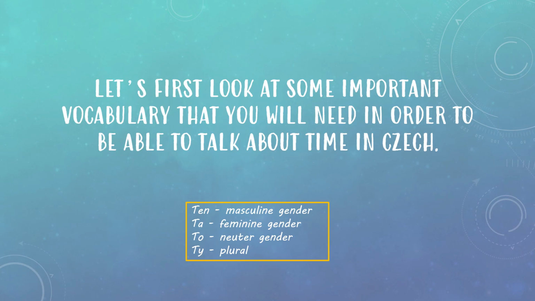You already know that it is important to memorize every new word with the proper gender. So I will put the definite articles in front of every new vocabulary. Ten is the masculine gender, ta feminine gender, to neutral gender, and ty plural.